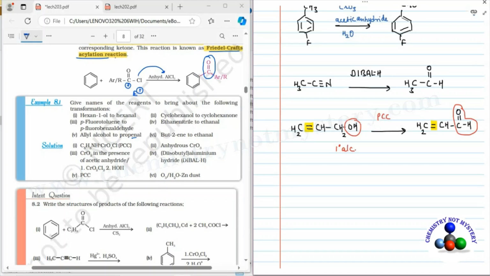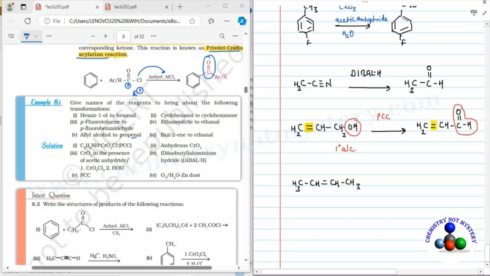But-2-ene to ethanal. So let's draw the structure of but-2-ene. CH3 single bond CH double bond CH single bond CH3.